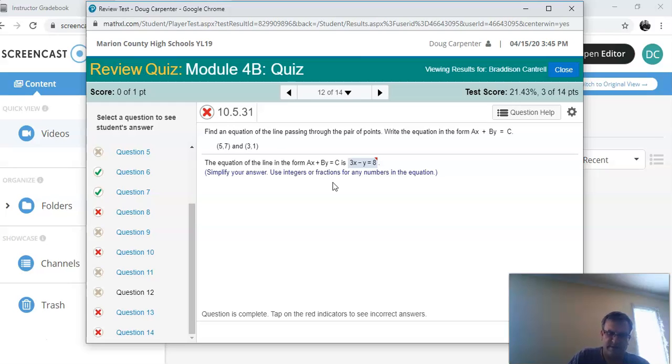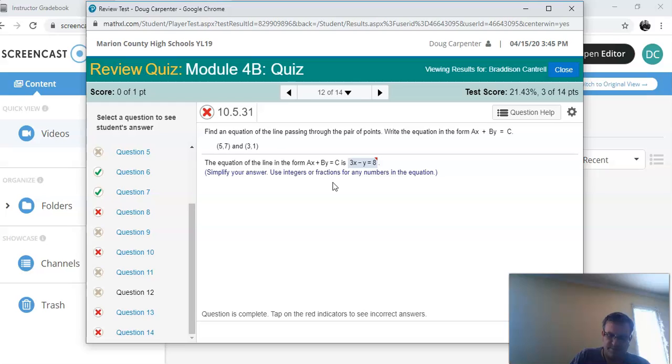Now I have negative 8. So y equals 3x minus 8, subtract 3x. Okay, 3x plus y equals negative 8.